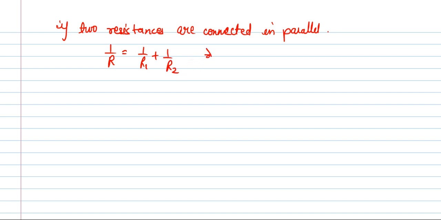So that gives R is equal to R1 into R2 upon R1 plus R2. So if two resistances are given in a question, for calculation of equivalent resistance you can directly put the values of R1 and R2 in this formula, and you will directly get the value of equivalent resistance.